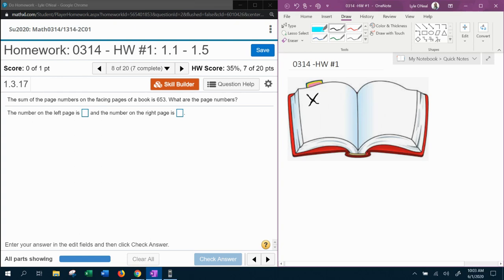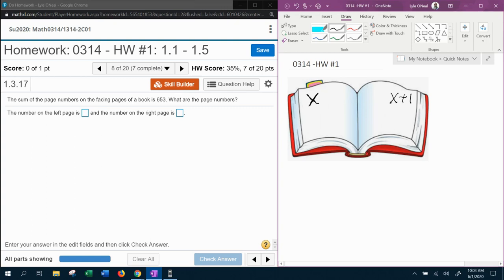But now that we know the first page is X, we know what the next page is, because the next page always has to be one more than the previous page. So the next page is going to have to be X plus 1, right? If the book is open and the pages are consecutive, the first page is X means that the second page has to be one more than that.